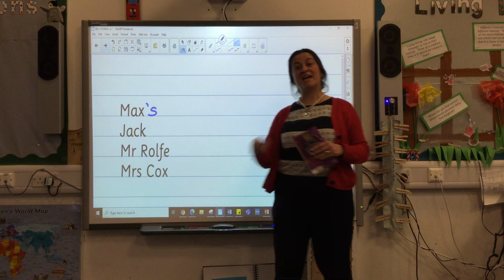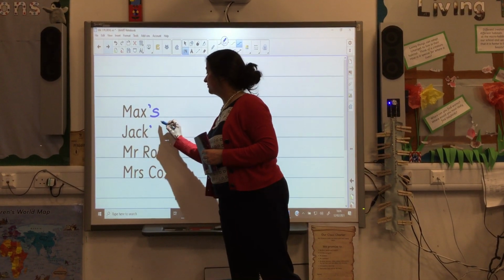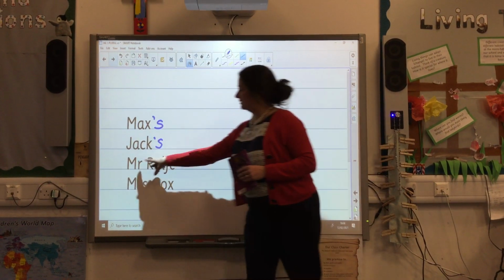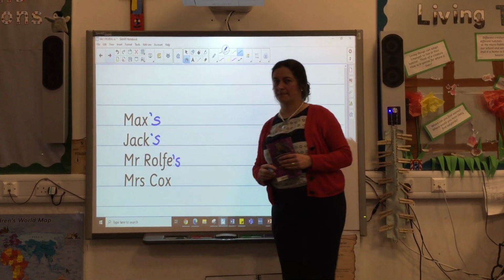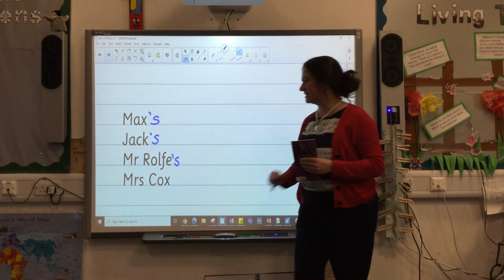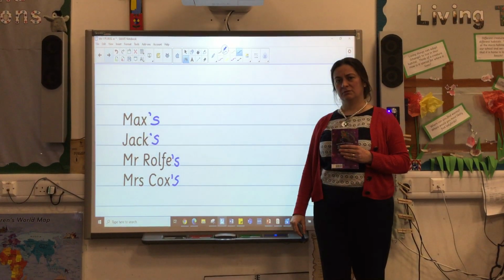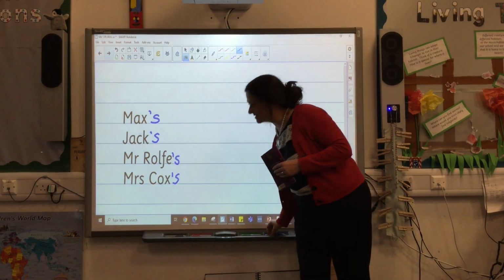Let's make it say Jack's book, the book that belongs to Jack. Jack, apostrophe S. Jack's book. Or maybe it's Mr. Rolfe's book. Or maybe it's Mrs. Cox's book. Who does the book belong to? It's Mrs. Cox's book, you're right.